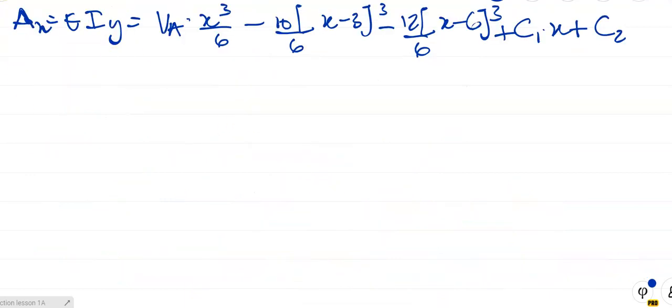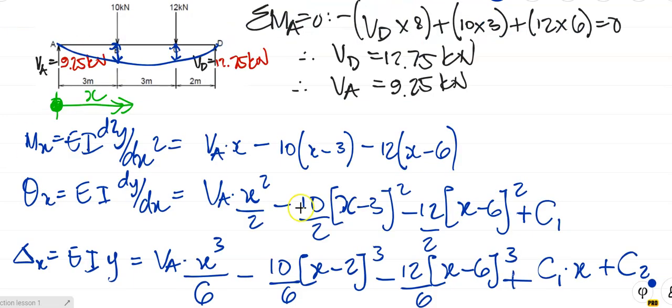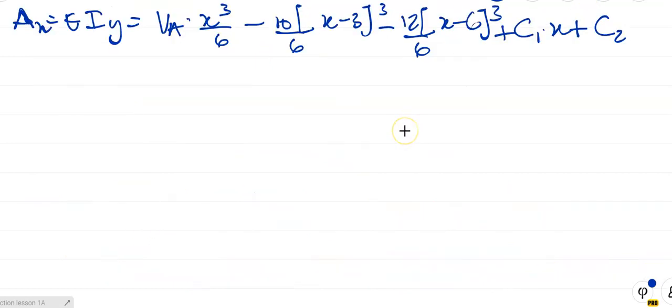Right, people, I just rewrote the slope equation again. Okay, so we know that at A, that is where at the support at A, x is equal to 0, and y is also equal to 0.